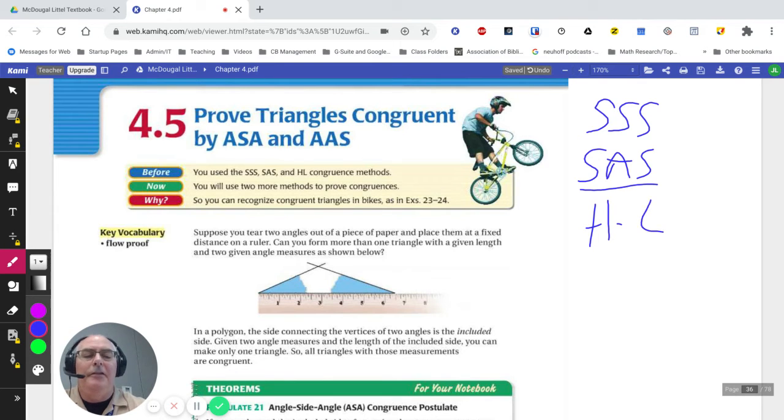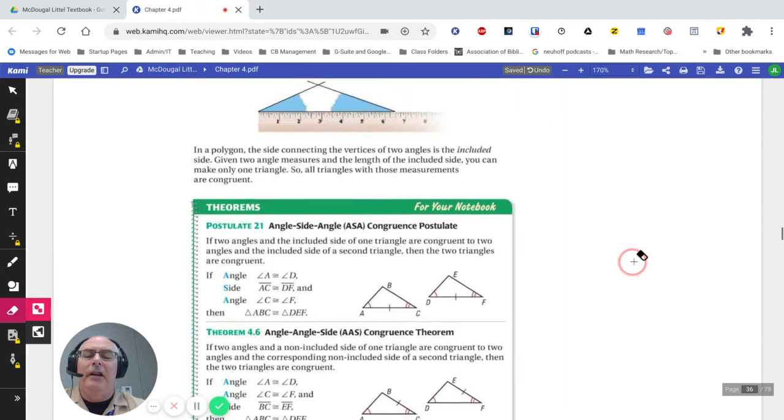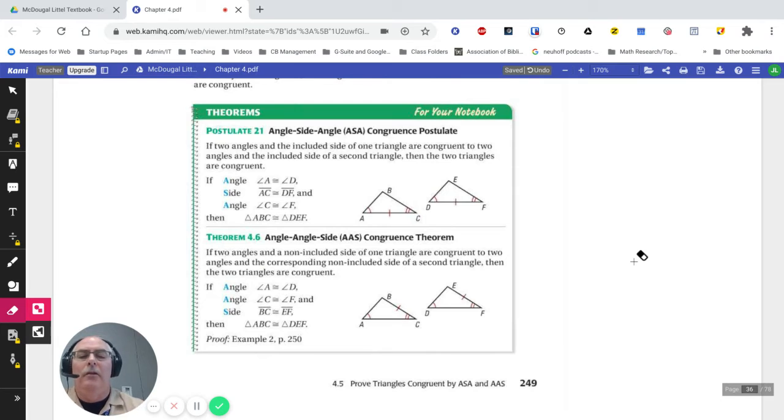And hypotenuse leg triangles, two right triangles that have the hypotenuse the same length and a leg the same length. We know those are three different ways to prove that triangles are congruent. We're now going to add a couple more. One is called angle side angle, or ASA, and the other one is angle angle side.